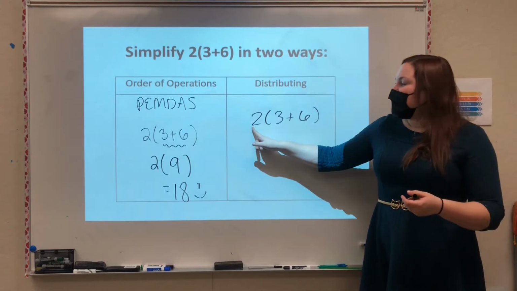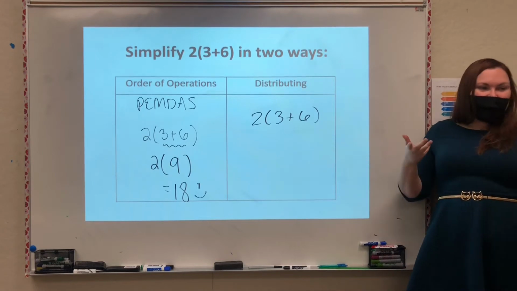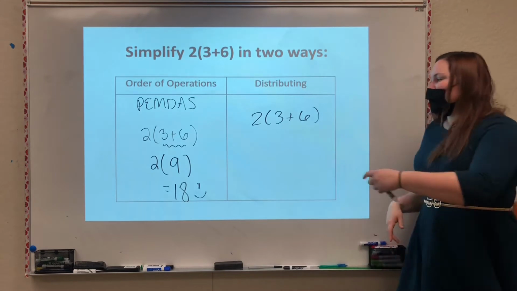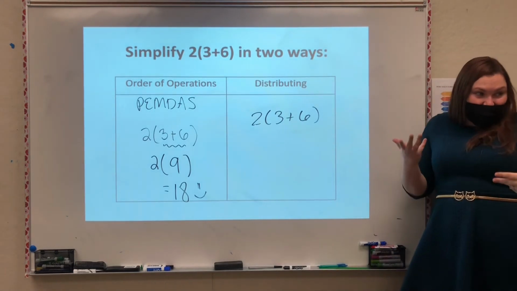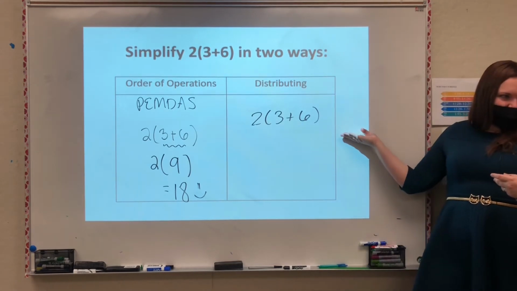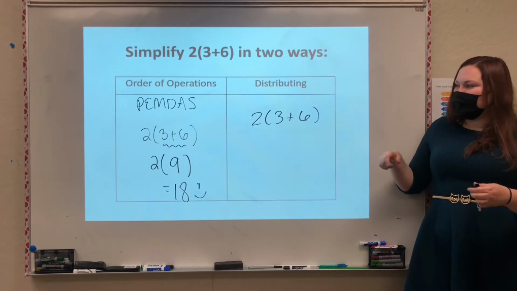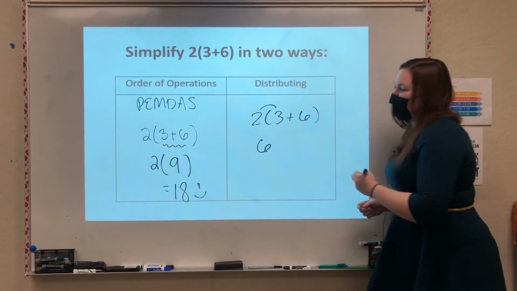So this is saying 2 times all of this. So one way you can do that is figuring out what all of this is first and then multiplying. But if this says 2 times everything, the other way you could do it is multiply 2 by everything. Now what would that actually look like us doing? 2 times 3 plus... Yep. 6. Yep, the 2 times the 3 gives us 6.